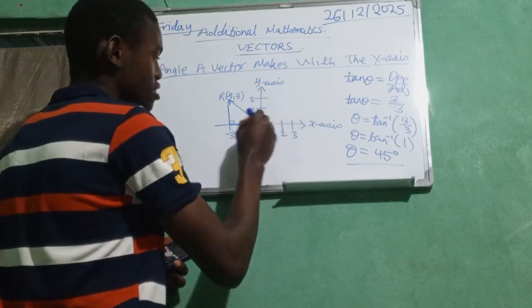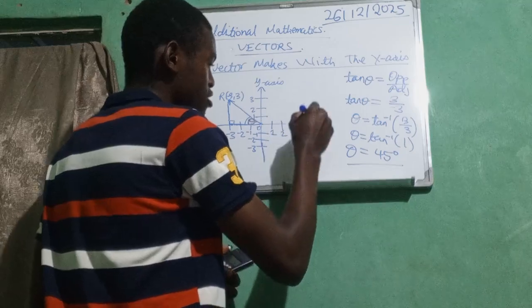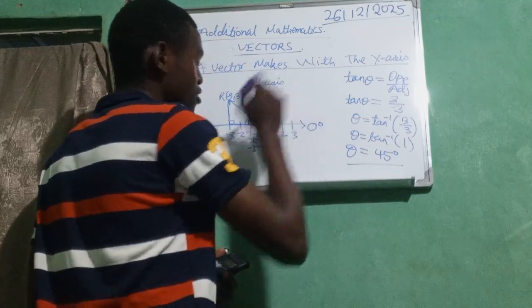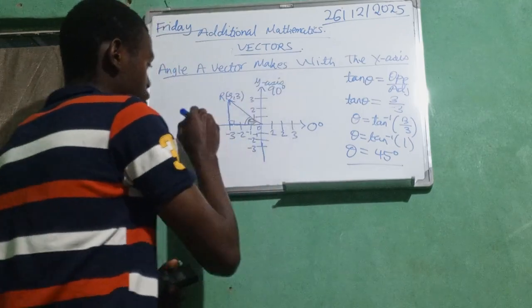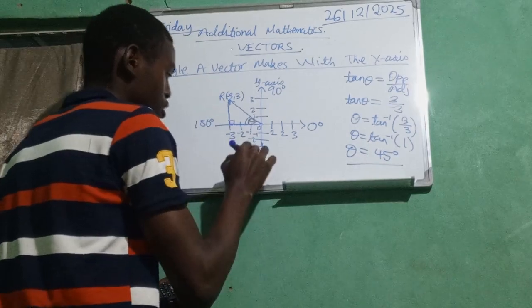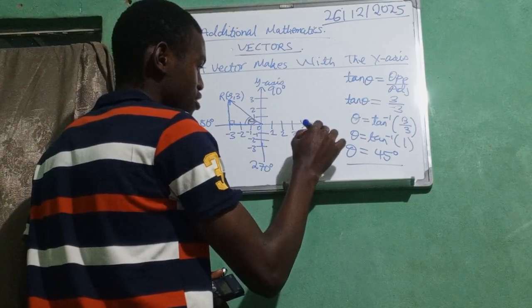So the x-axis, for example, let's remove this x-axis. Let's think of this as 0 degrees as a quadrant. 90 degrees, 180 degrees, 270 degrees, and then we are back at 360 degrees.